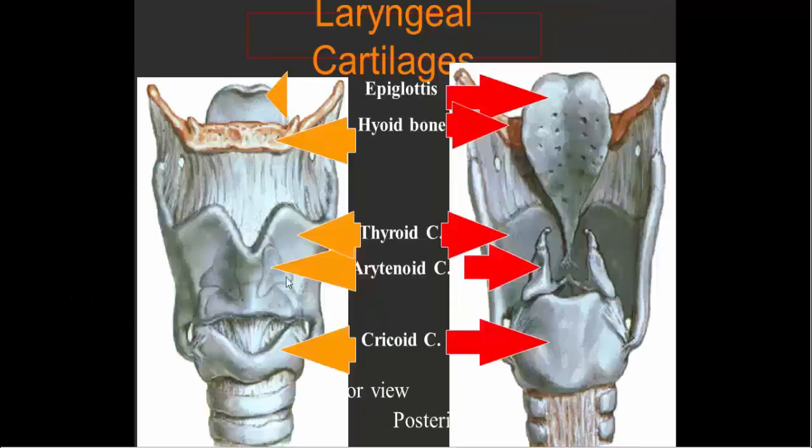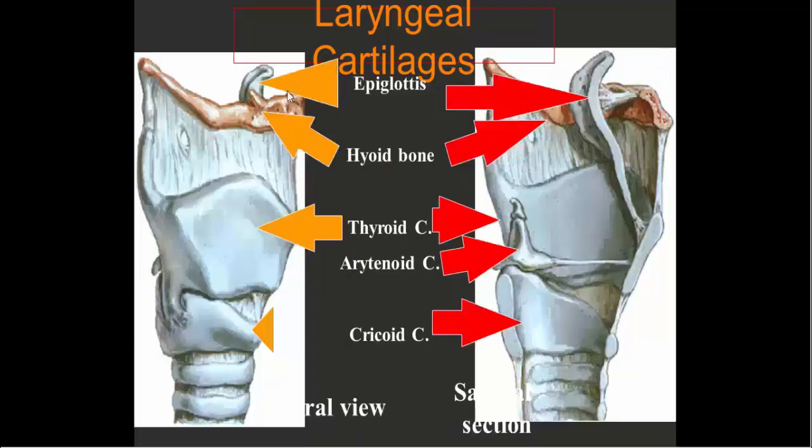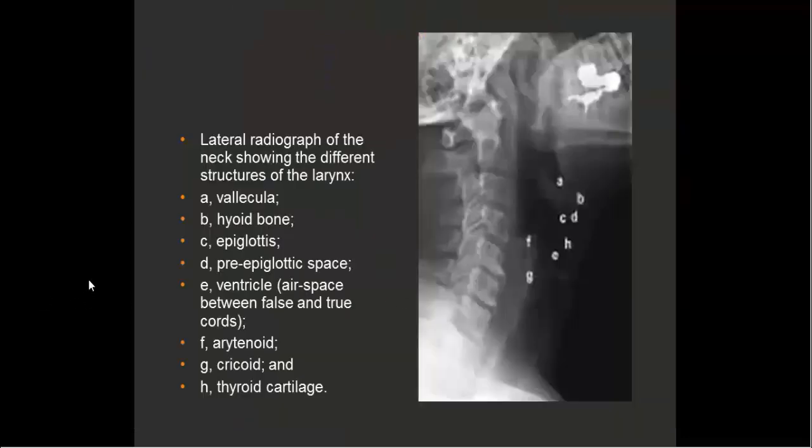As we see, the thyroid cartilage, arytenoid cartilage, cricoid cartilage, hyoid bone, and this is the epiglottis. Below the hyoid bone is the thyroid cartilage, below it the cricoid cartilage, and the arytenoids are present on both sides. And this is a plain radiograph showing the structure of the larynx.